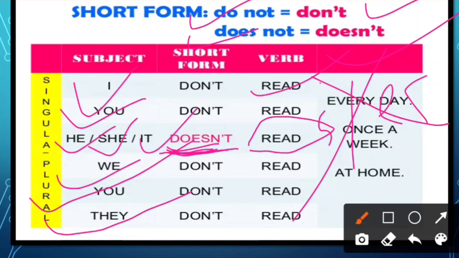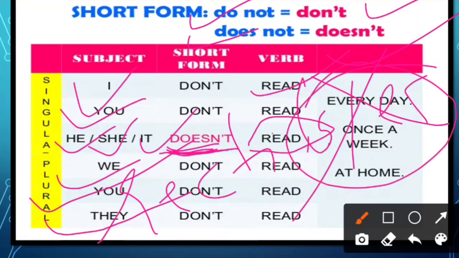Here you will have to find out while rectifying the error. Such words you will have to memorize: every day, daily, once a week. All will indicate the simple present tense.